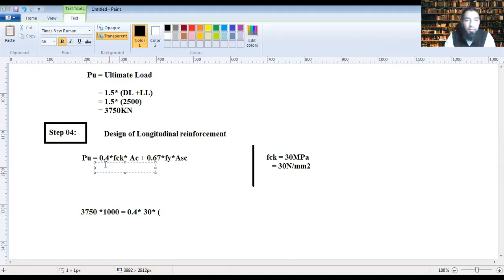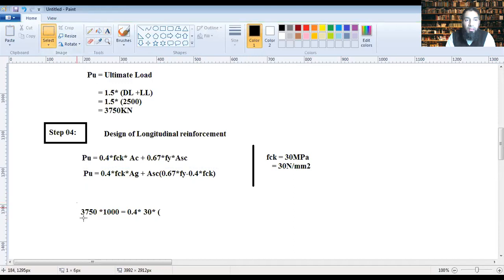You are writing this formula also as PU equal to 0.4 into FCK into AG, plus ASC into 0.67 into FY minus 0.4 into FCK.